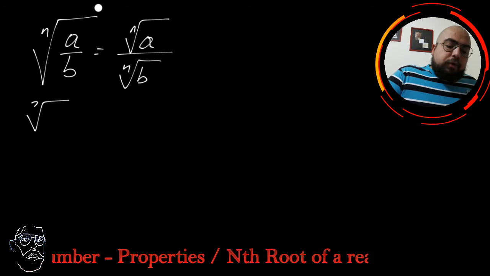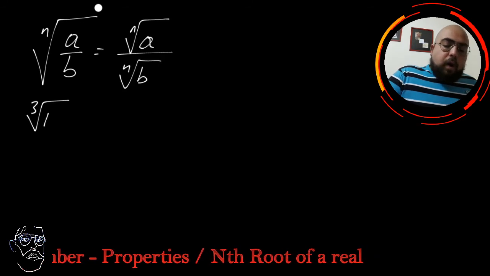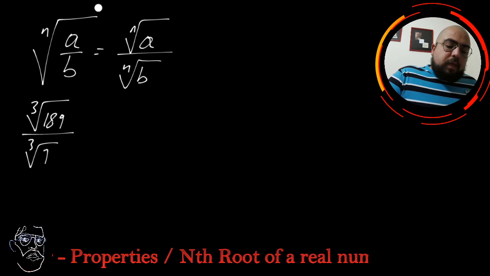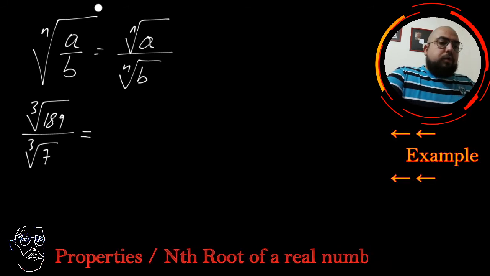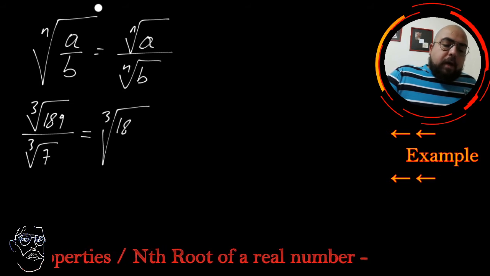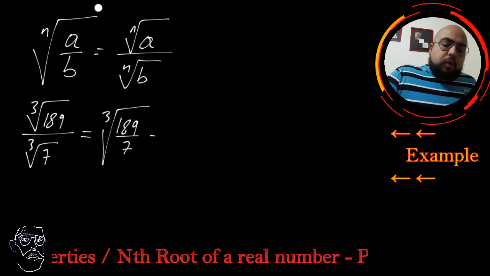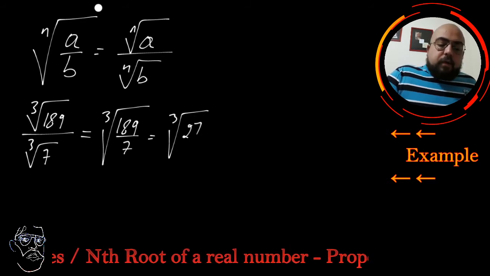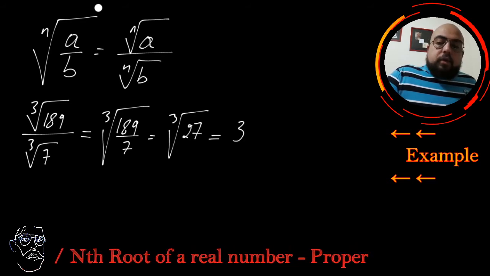The cubic root of 189 over the cubic root of 7 is equal to the cubic root of 189 over 7, which is the cubic root of 27, and it's 3.